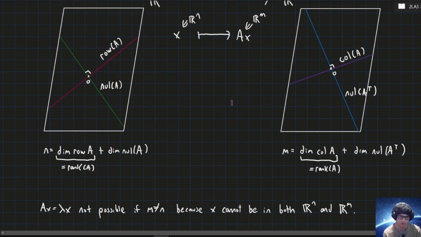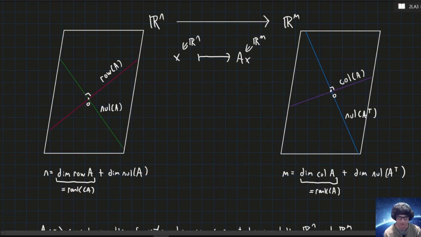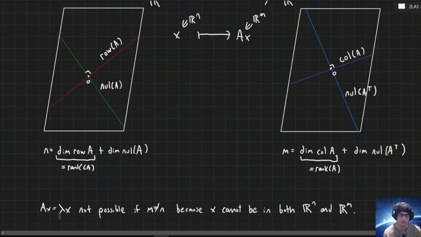Okay, so like I said, if m is not equal to n, which is what we're assuming here, then the eigenvector equation isn't going to make sense, because that would require x to be both in Rn and Rm, which is impossible since they're different spaces.